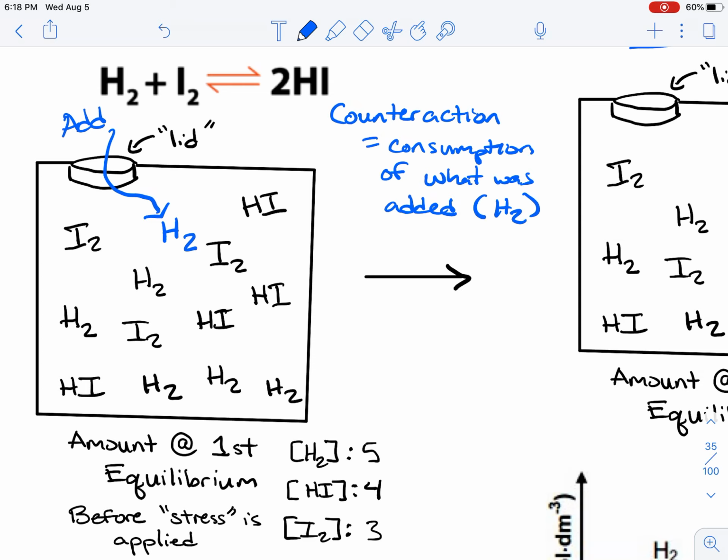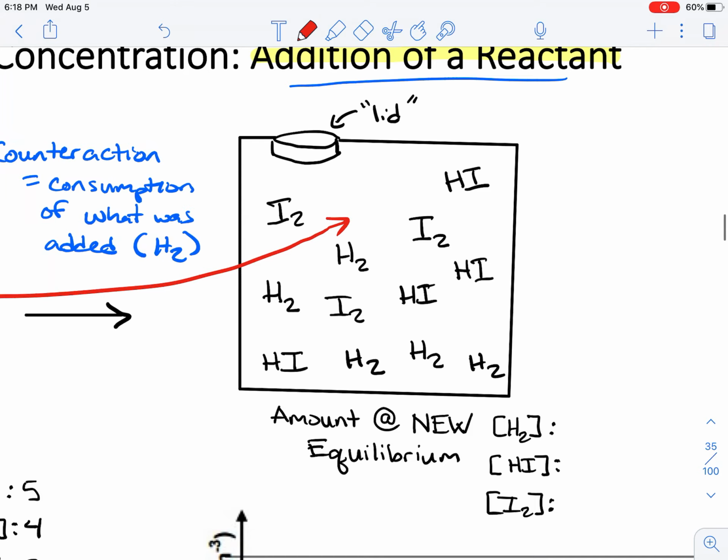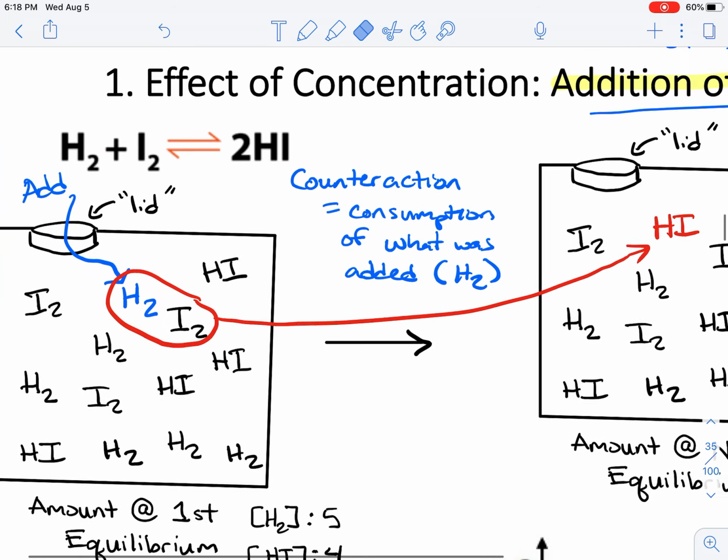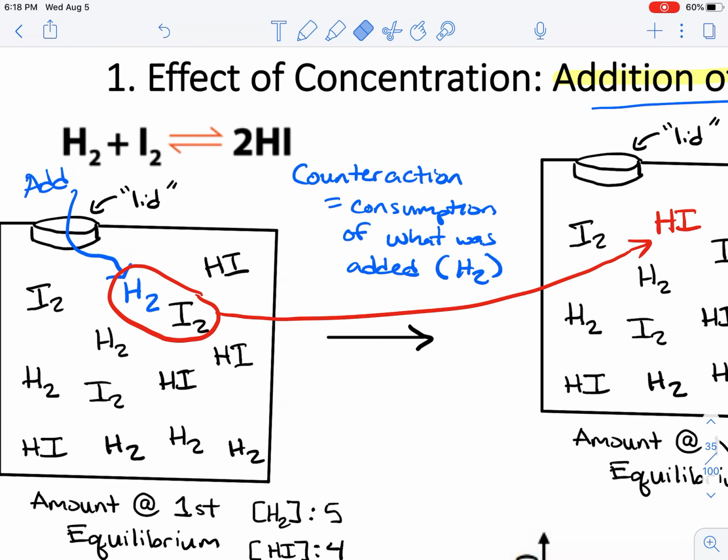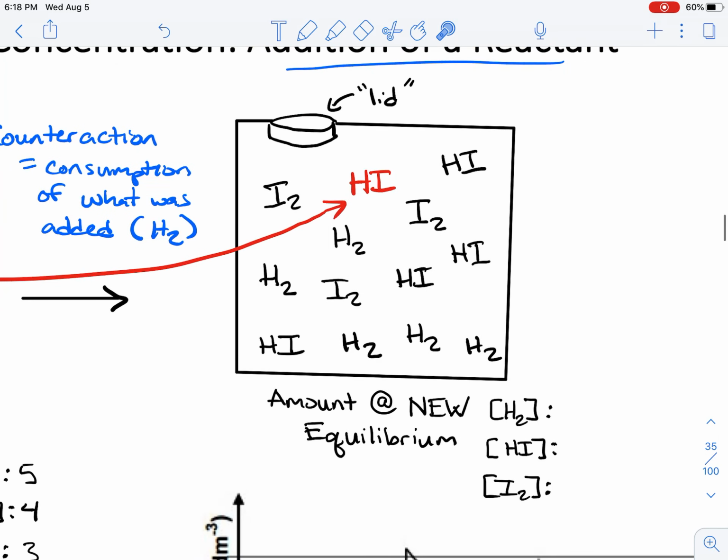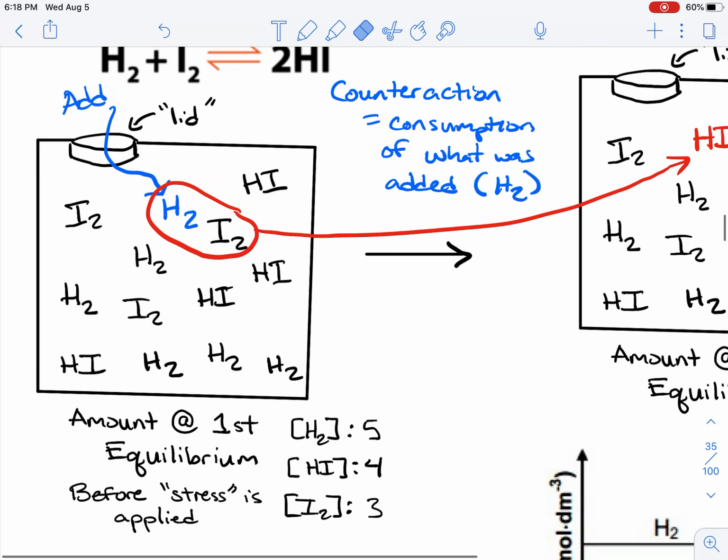I'm going to circle these two, and they're going to produce HI. Since I consumed this I2, I'm going to erase this because that's no longer present. Okay, and then notice how the H2 is gone as well.